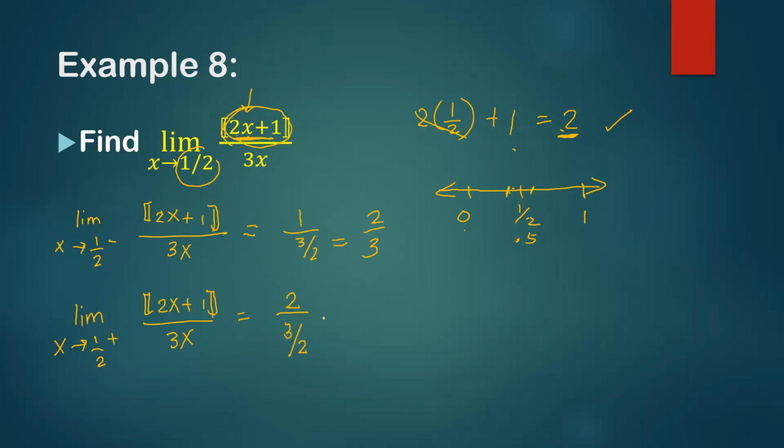Yan, that approaches 3/2. So, 2 divided by 3/2 will just be 4/3. So, ayun, you have two different values for the limit of each side. So, yung limit ng x approaches 1/2 does not exist. Pero yung individual limits natin, yun yung nag-i-exist, just like in the previous example.